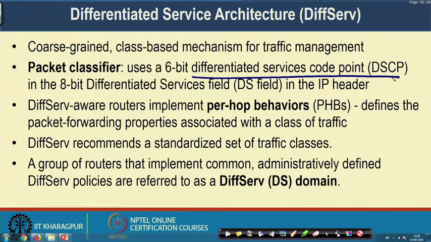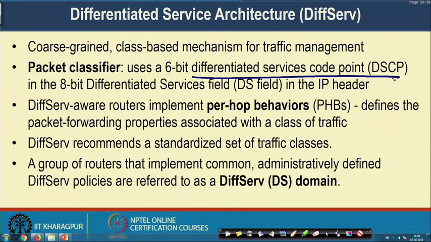So, remember in case of your integrated service architecture, the classifier classes are not fixed or predetermined. It can be user based or it can vary from user to user, and that is why we are using filter spec to inform the classifier what different type of packet classes can belong to a particular user.